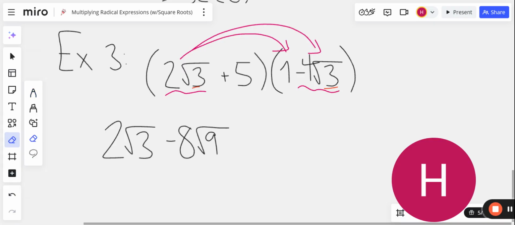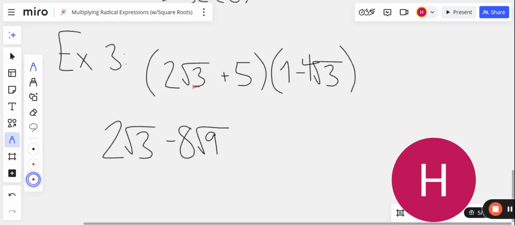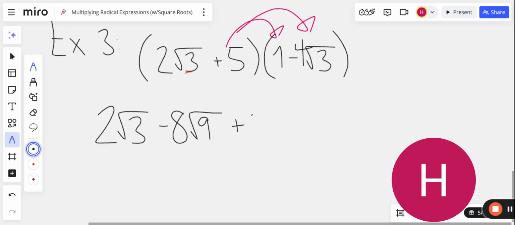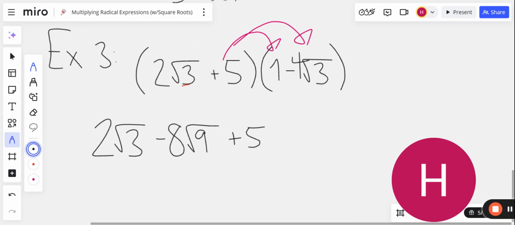Okay, and now let's do the FOIL to distribute the 5. That shouldn't be too tough. Positive 5 going in there. So positive 5 times 1 is just positive 5. And then here, we don't have a radical number to multiply with the radical 3, so we're just going to multiply the outside numbers. Remember, this is a minus 4 square root of 3.